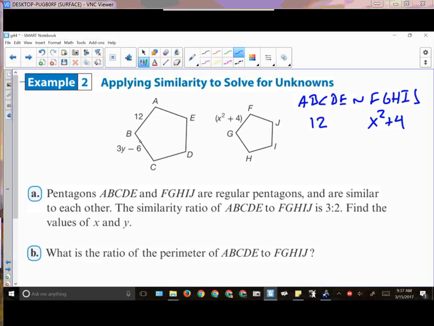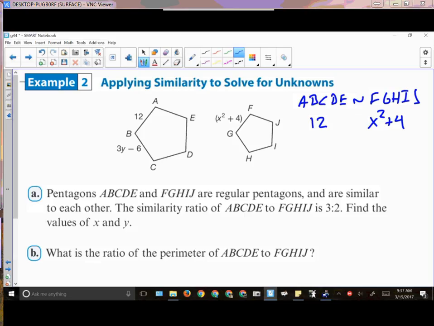I don't have a side here that says anything about how to compare these two, do I? Do I have any information that compares these two together? Is there anything there? What about the 3y minus 6, but there's nothing corresponding over here. Okay. Good try.